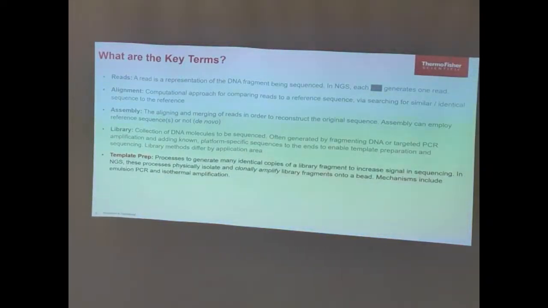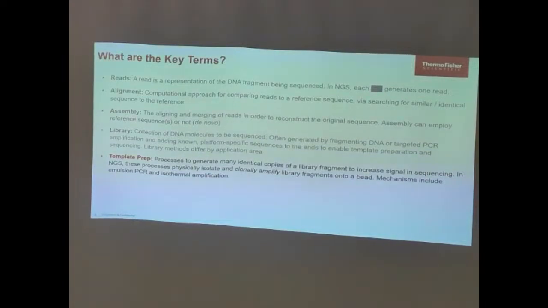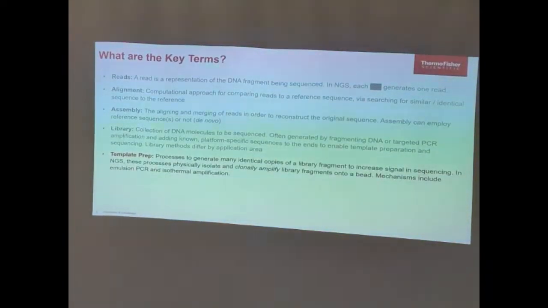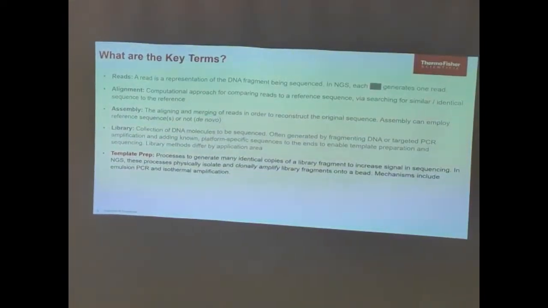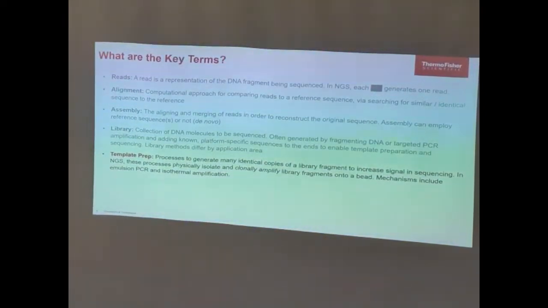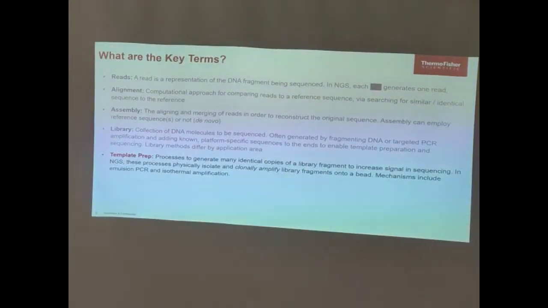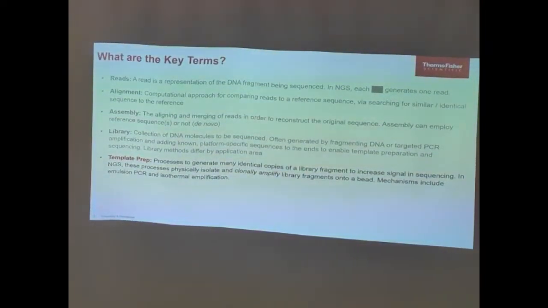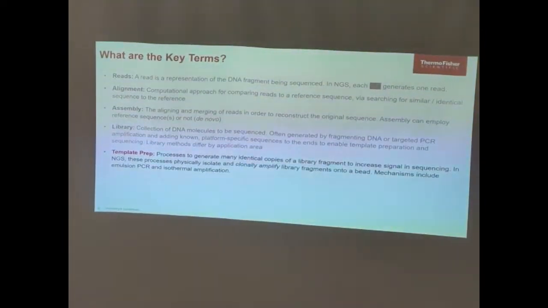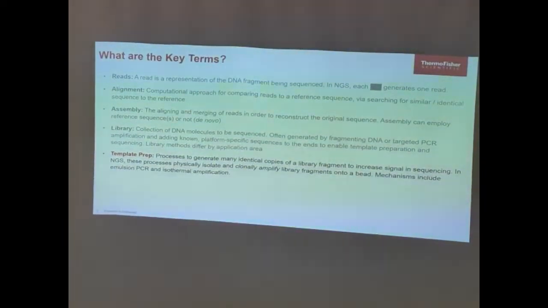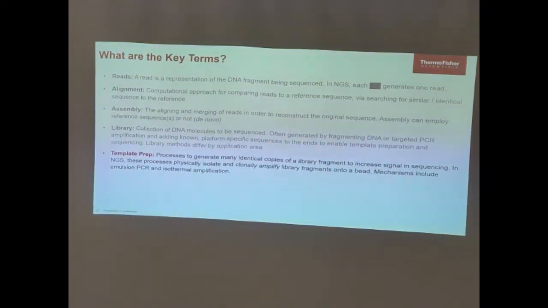But in case of targeted sequencing, so 16S is targeted sequencing, or maybe some cancer patients, they want to sequence: okay, what are the oncogenes I'm having, or what are the mutations in the DNA repair genes, so tumor suppressors. So there are hundreds of genes. So we have to selectively target those genes. So in that case, the library will be prepared based on amplicons. So short primers are designed to cover all the loci.